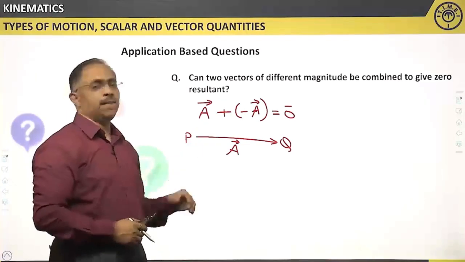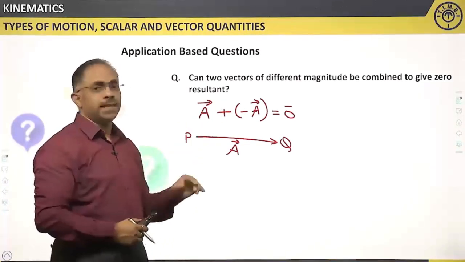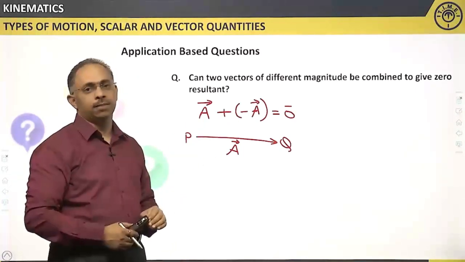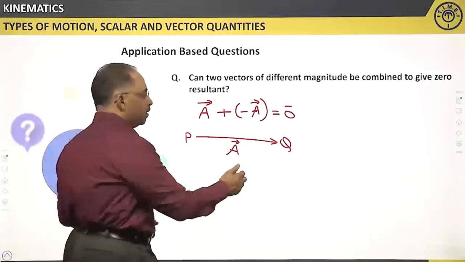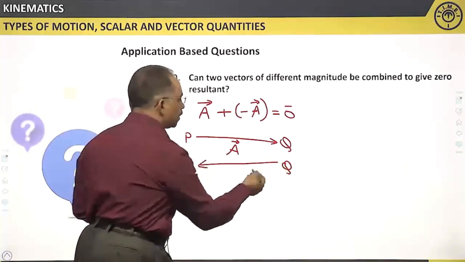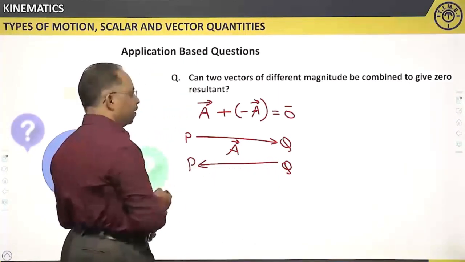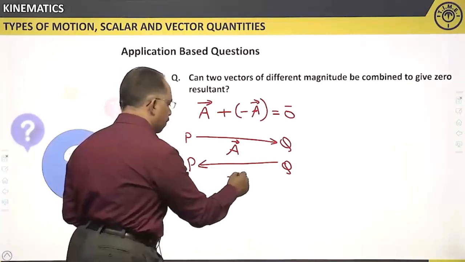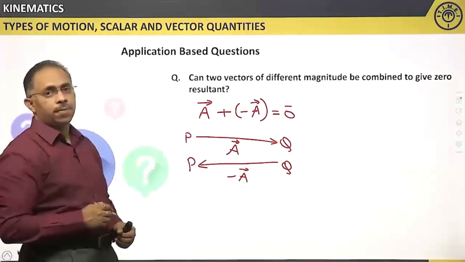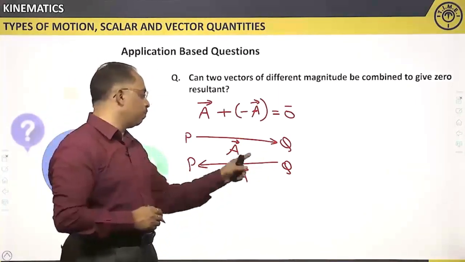Now, minus A, if I say minus A means what? The direction is indicating the minus value over here. So, minus A will be from Q to P. That means, from Q it started and ends up to P, then this will become minus A. Is it clear? So, minus A represents Q to P means what?